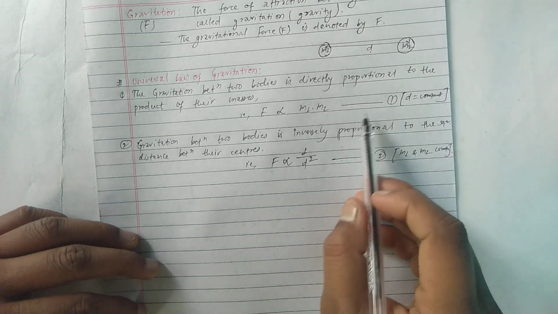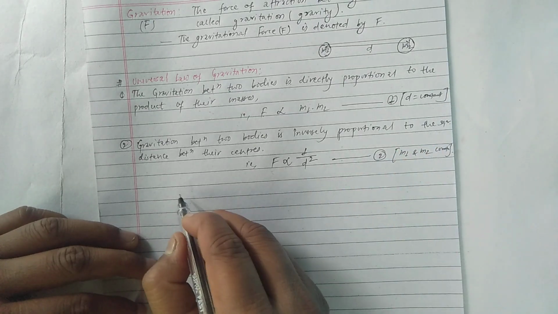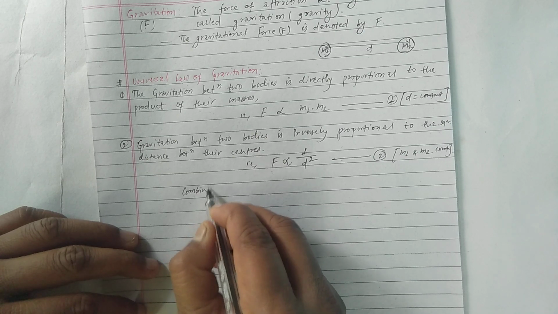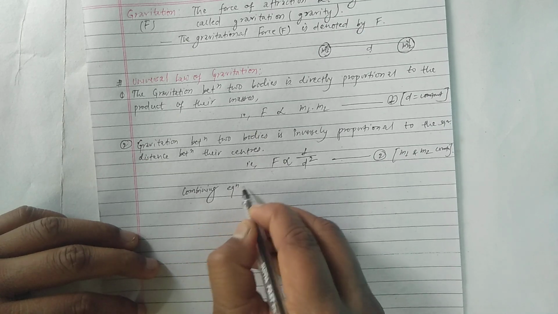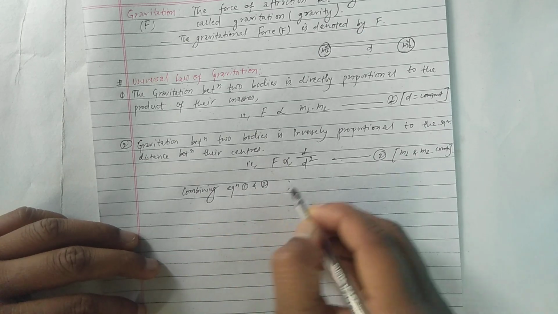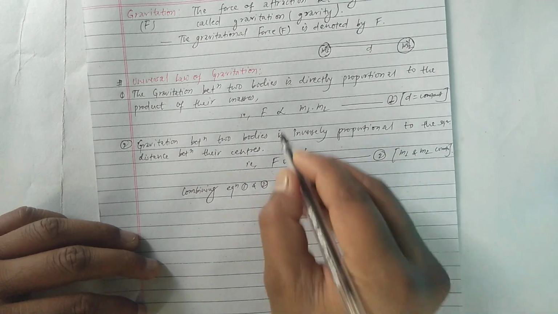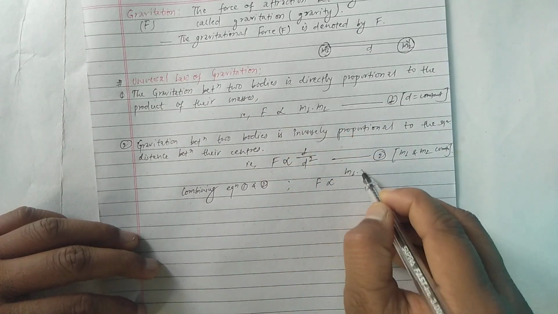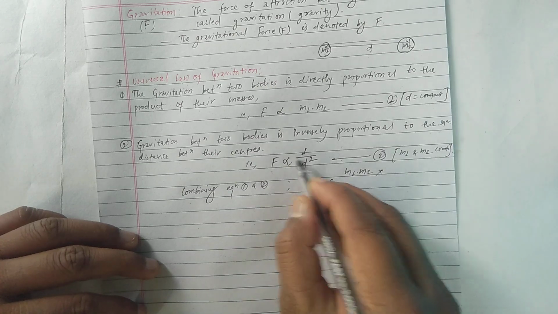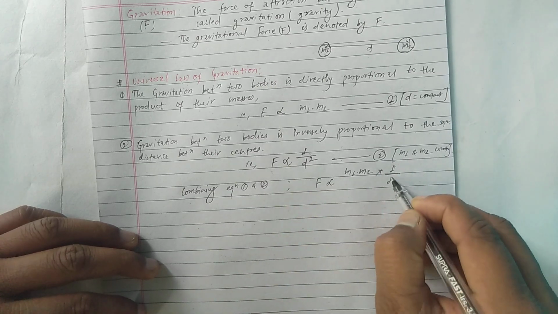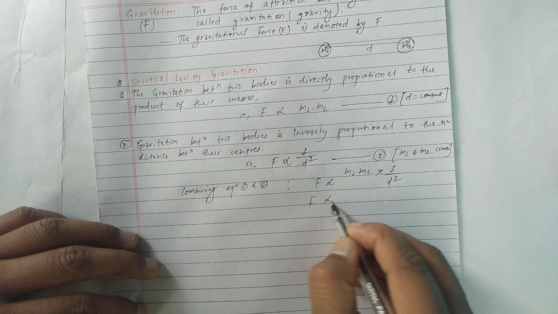So these are the two equations. Now combining equations 1 and 2, we get F is directly proportional to m1 into m2 into 1 upon d square.